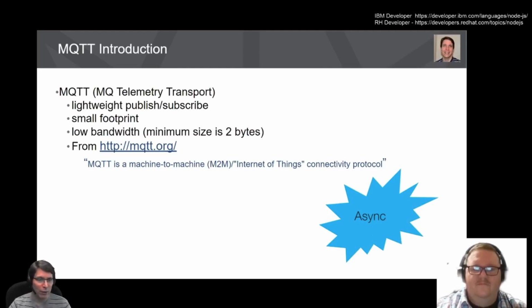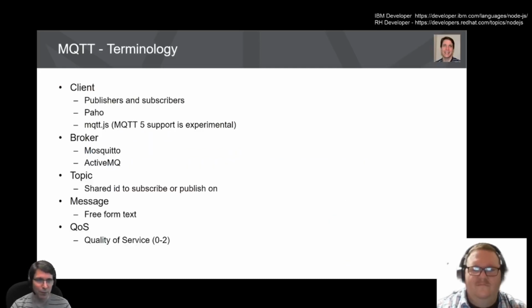It's got a small footprint. It requires low bandwidth, so you can get it into small devices, and it's fairly easy to use, and that's kind of why it's so popular. Again, if you want a reference, you can look at mqtt.org for the formal definition. The great thing is it's asynchronous, which is a really good fit for Node.js, as we know.